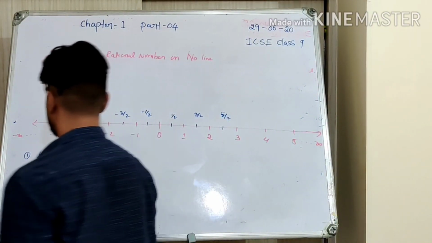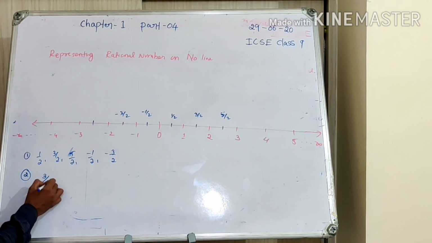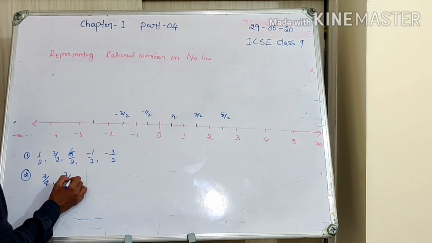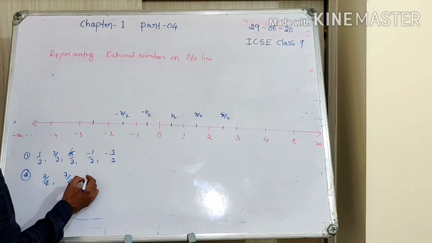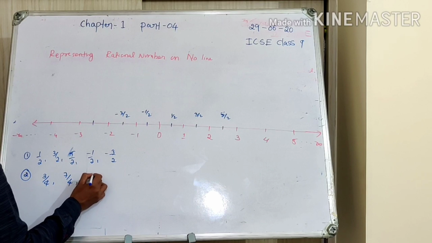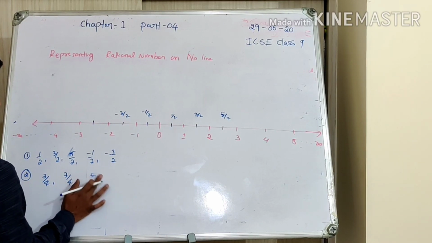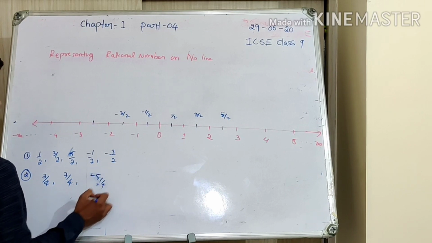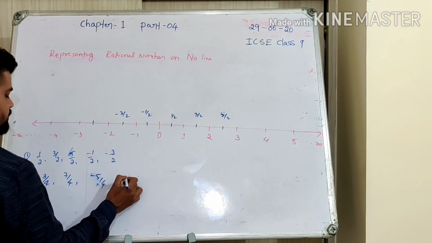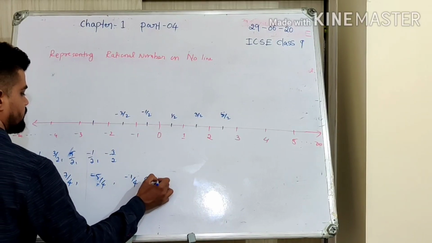My next question is, represent 3 by 4, 7 by 4, 9 by 4, or maybe minus 5 by 4, and then minus 1 by 4 on the number line.